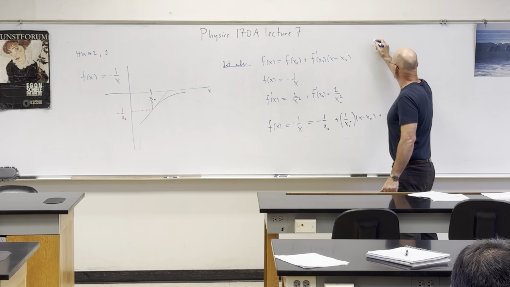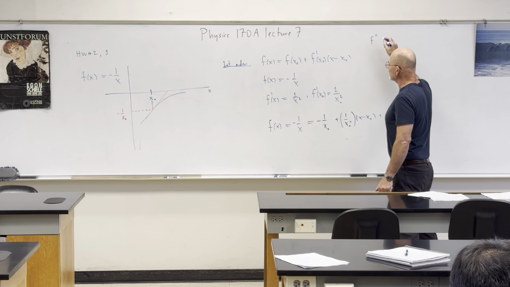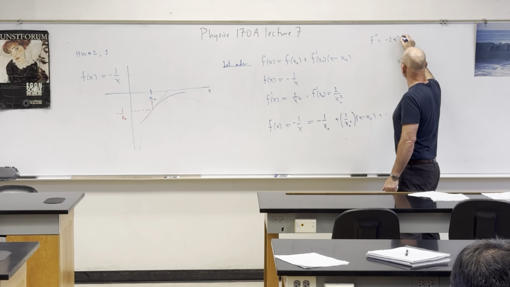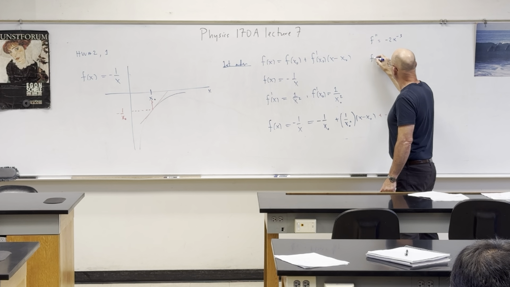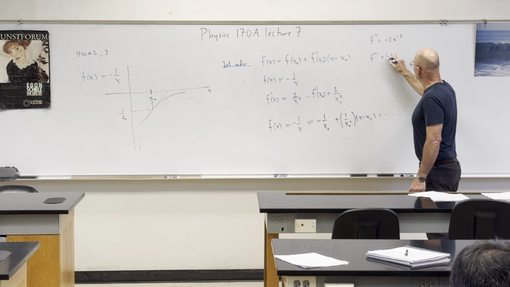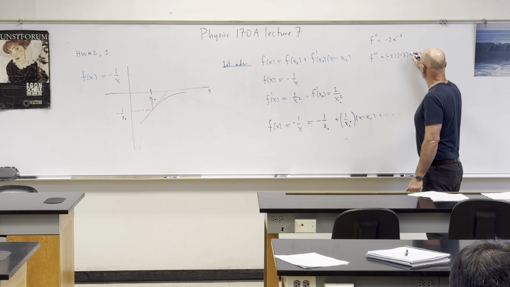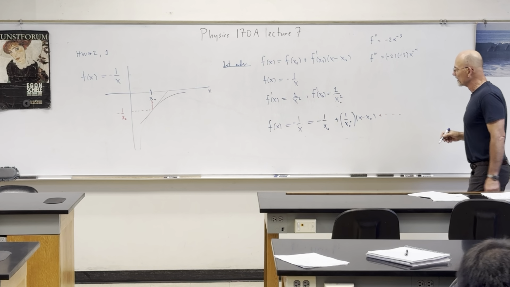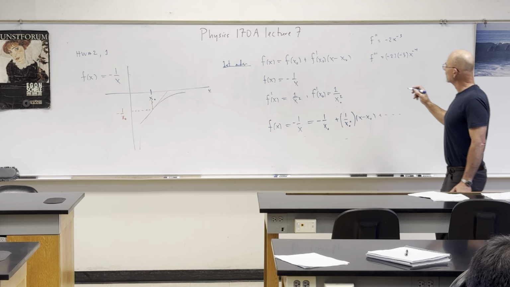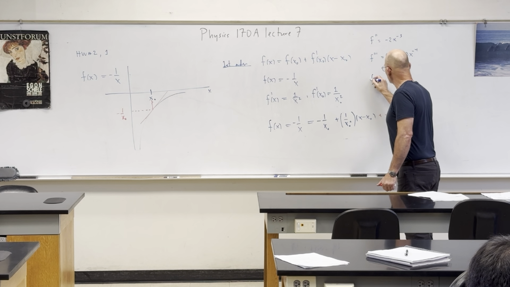And we had second derivative was minus 2 x to the minus 3. Third derivative was minus 2 times minus 3 x to the minus 4. And at this point, it's looking pretty good. How would we generalize to the kth derivative?